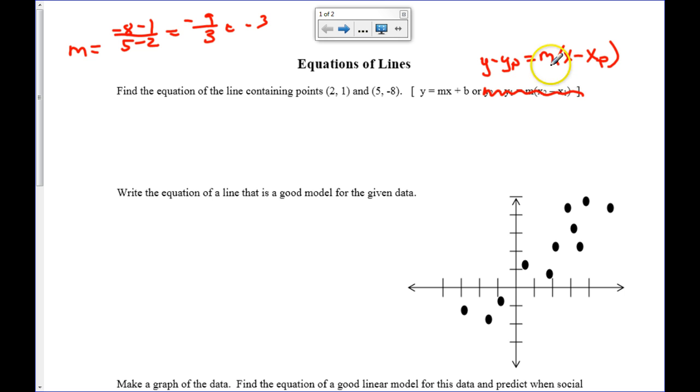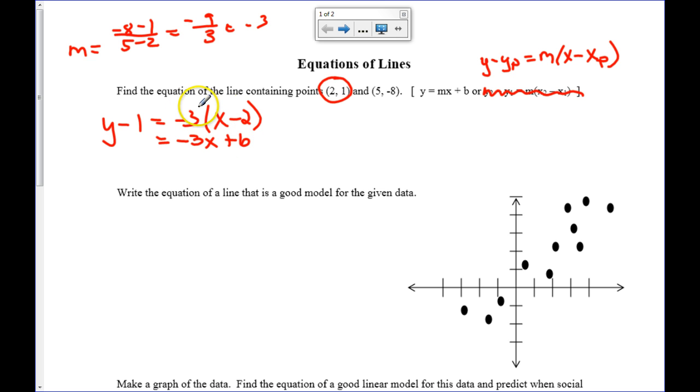So here, I want to find the equation of the line. I'm going to use this formula and take my very first point. It doesn't matter, I could use the second one; you would still have a correct equation. So y minus 1 equals -3, which is our slope, times x minus 2. Then we simplify: this ends up being -3x plus 6.